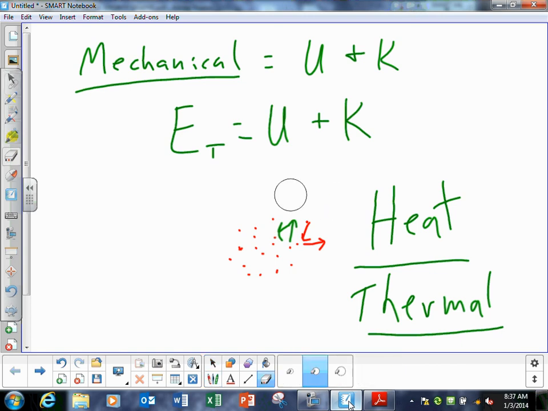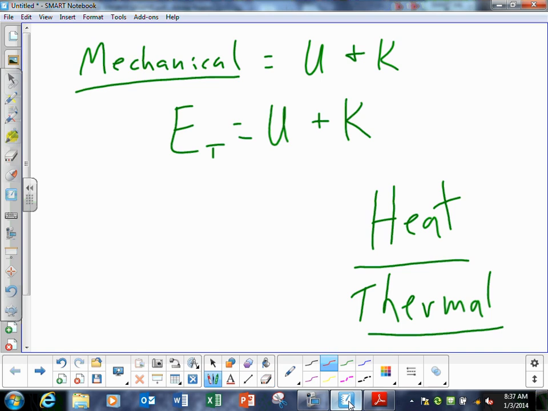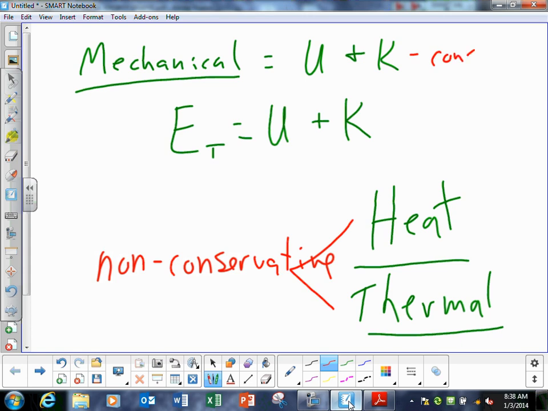Okay, so heat and thermal are what we call non-conservative, whereas mechanical energy is conservative, which means that energy is conserved, transforming from kinetic to potential, potential to kinetic.